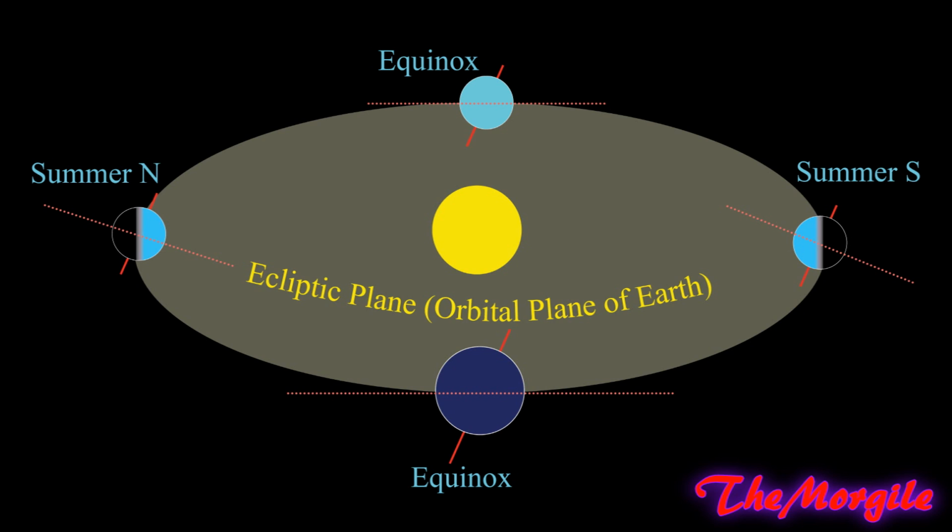But at least we're all on the same page in terms of the heliocentric model, what causes the seasons, and the difference between the equatorial plane, which is a variable, and the ecliptic plane, which is constant relative to the sun. And that ecliptic plane is the plane around which the Earth allegedly orbits the sun. Right.